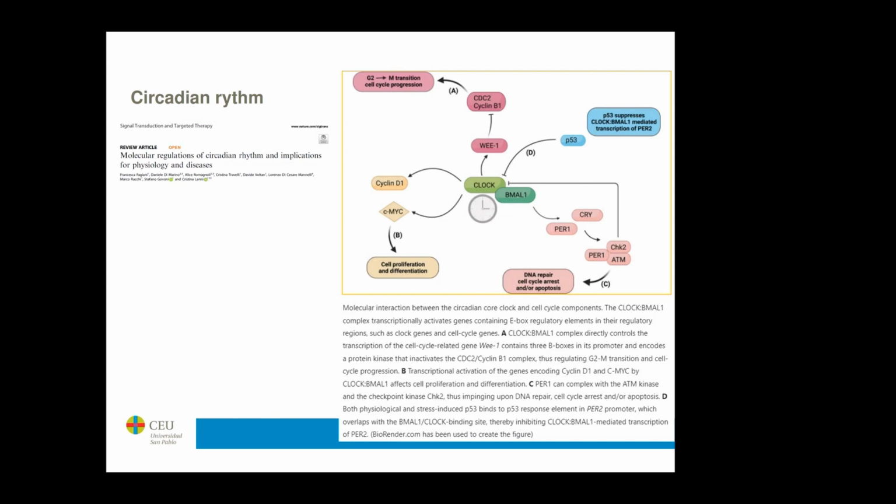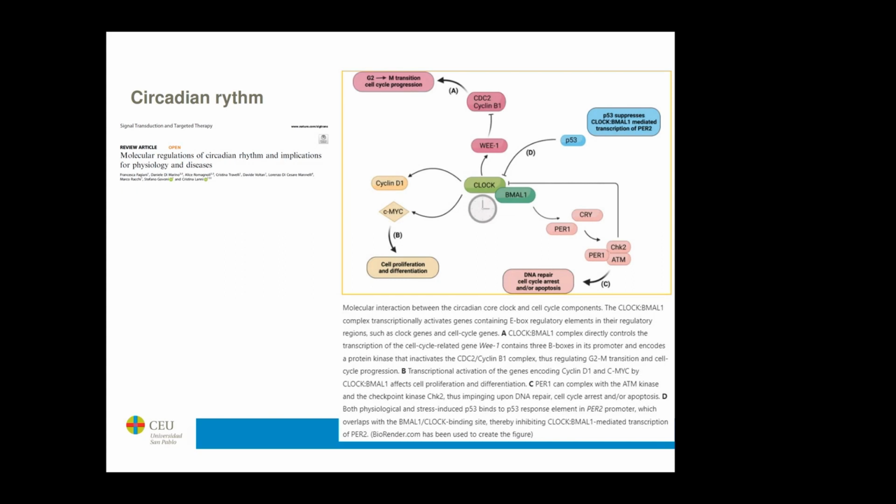For instance, in this paper, they look at a few molecules that are known to be related to these circadian clocks. And this is the model that they propose. So there is a cyclin D1, and there is a protein clock. This clock affects cyclin D1. The cyclin D1 has its own effects that are related to cell proliferation, cell differentiation.